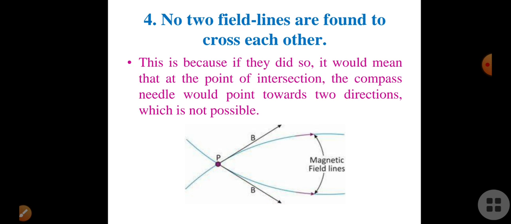So it means a single magnetic field line can go in this direction as well as in this direction. It is similar to a person being found at the same time at this place and at this place also. Is it possible? No. That's why we say that two field lines cannot cross each other.